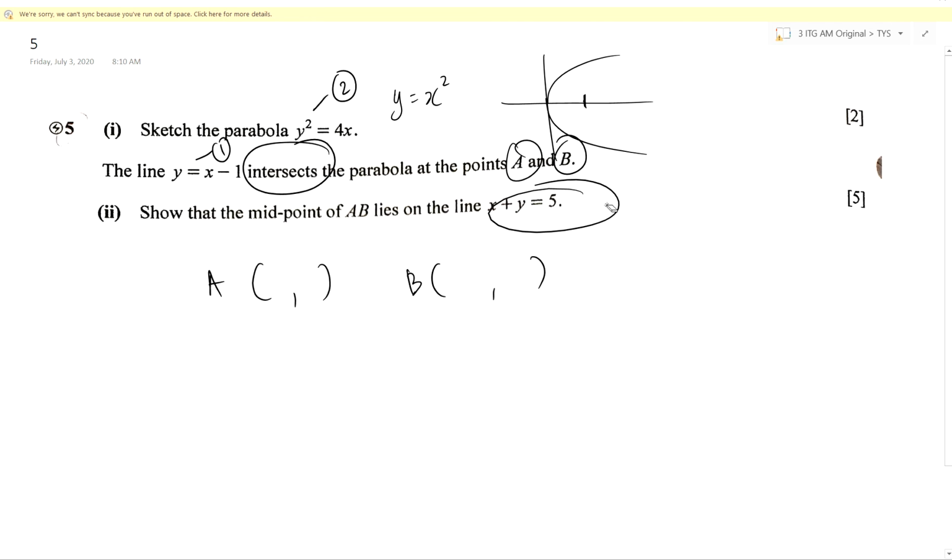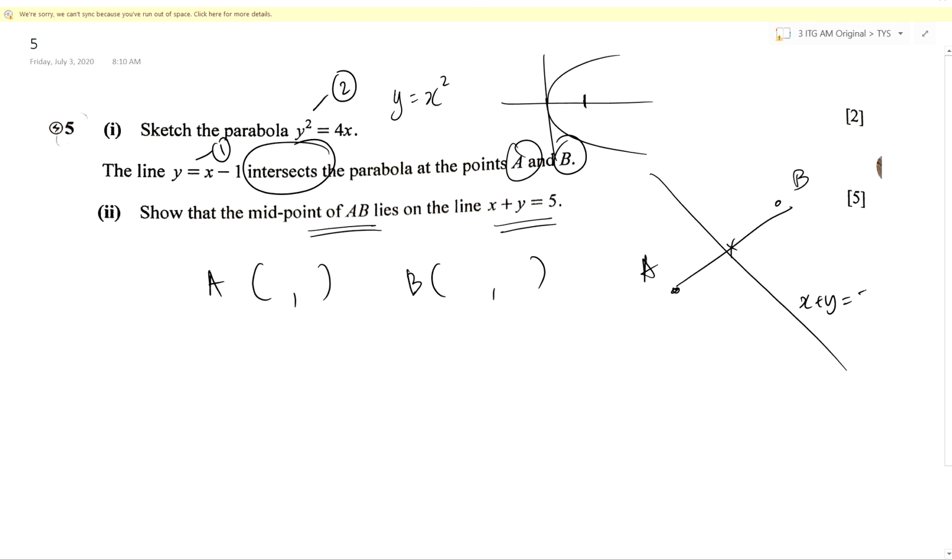They are telling us that the midpoint lies on this line. My AB could look something like this. This is the midpoint. For example, it could look like this, with x plus y equals 5. We can tell quickly it is a negative gradient. So they want us to show that this set of coordinates satisfies this equation.